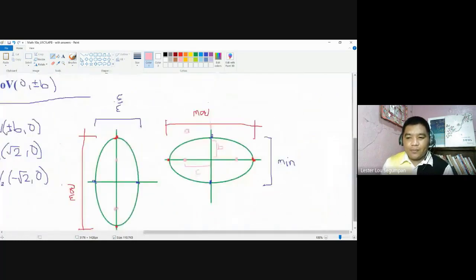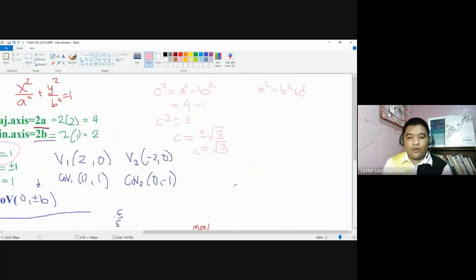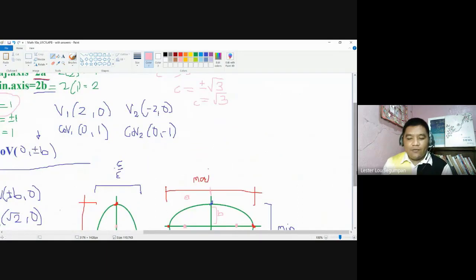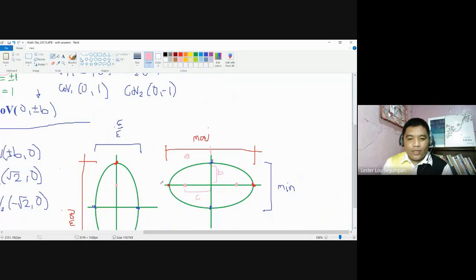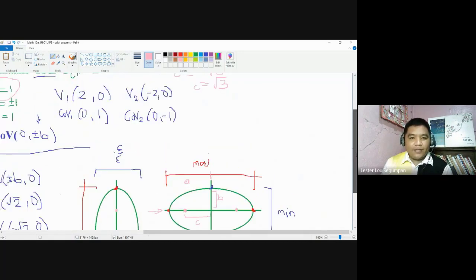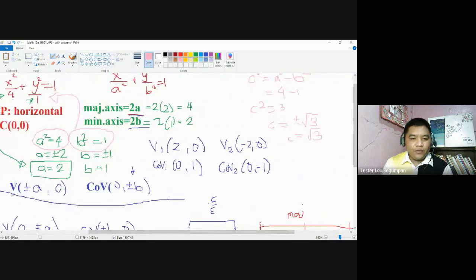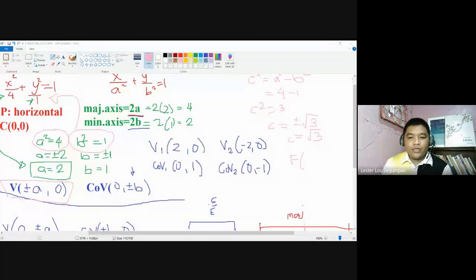But let's not proceed yet, because we're going to look for the foci. The foci lie on the same line as the vertices. And the vertices are in the form in number 1, this form here. This is also the form of the foci, but it's not A that will be used.